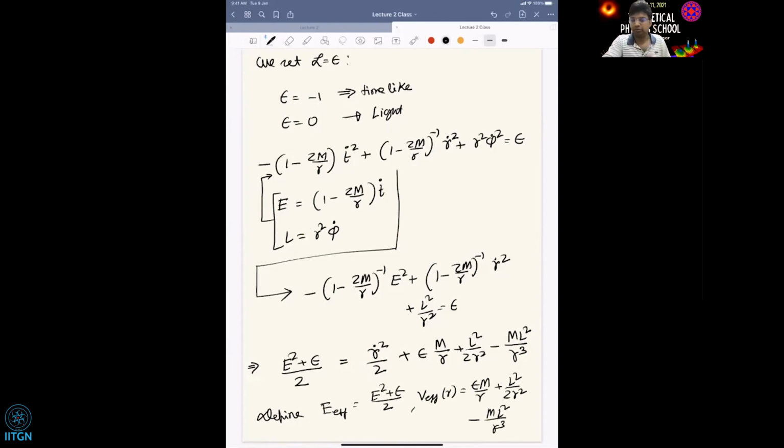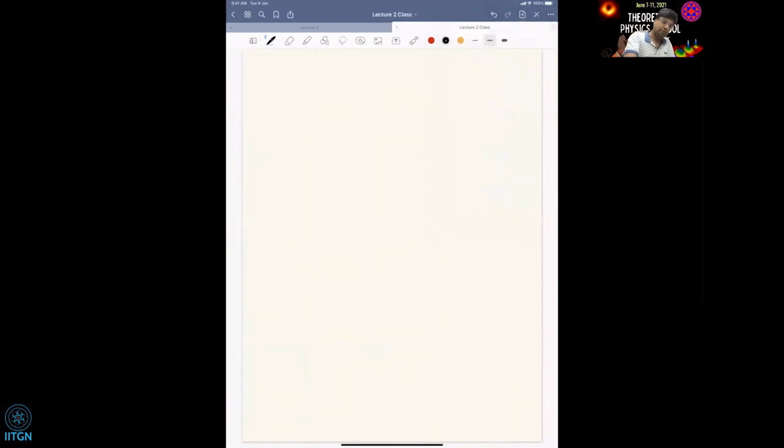These are the two quantities we define. And therefore we find that the Euler-Lagrange equation, the r dot equation, ultimately reduces to a very simple equation: E effective equal to half r dot square plus V effective. So let's box it.